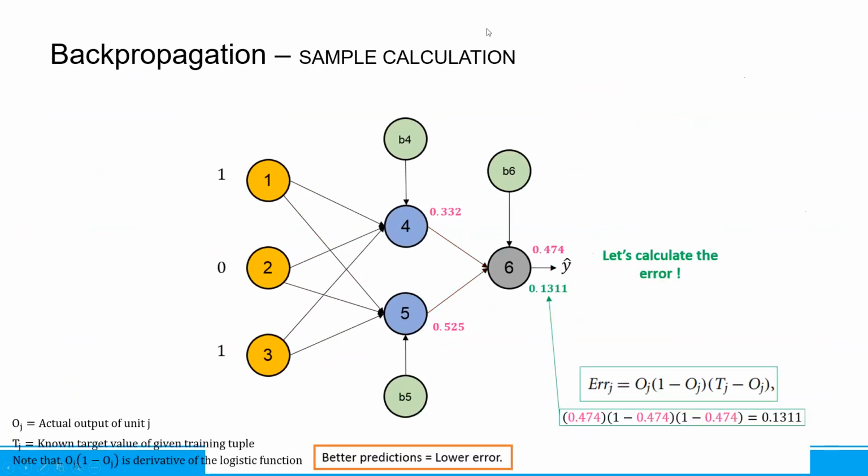To calculate the error, we have the actual output, 0.474, multiplied by 1 minus 0.474, multiplied by Tj minus Oj, which is 1 minus 0.474. Because the known value for the given training tuple is 1, we assign 1 and subtract 0.474.